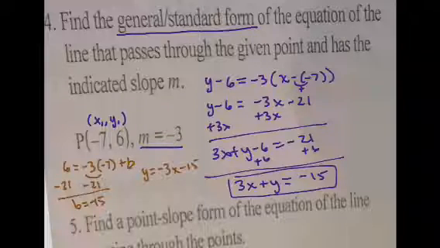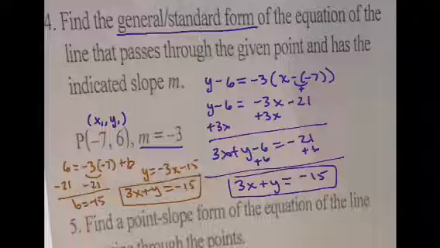You add 3x to both sides, so 3x plus y is negative 15. So see, it's the same answer, just 2 different ways of getting there.